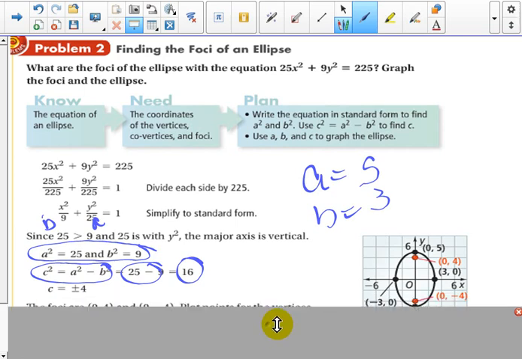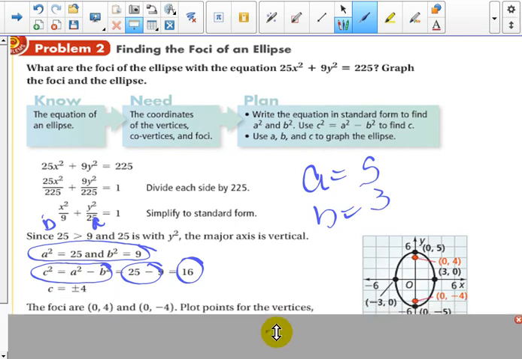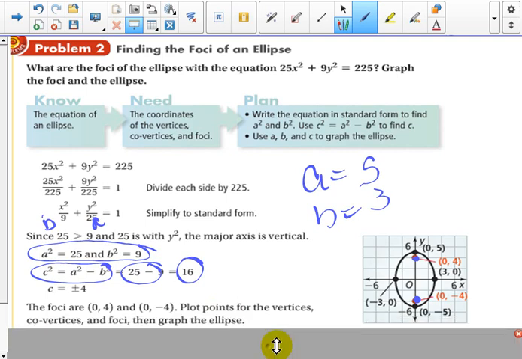So now we can graph this. Our foci are (0, 4) and (0, negative 4). So there's our foci in red. Our vertices are (0, 5) and (0, negative 5), and our co-vertices are at (3, 0) and (negative 3, 0).